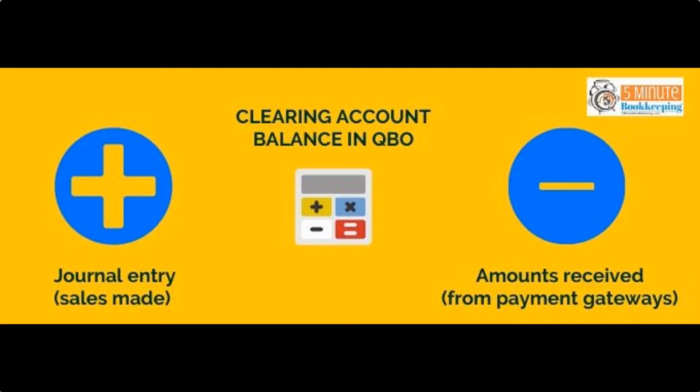That means that we now need to enter amounts received from our payment gateways to the respective clearing accounts. Let's start with the Shopify Payments clearing account. We'll need to categorize the payments received from Shopify Payments to the Shopify Payments clearing account in QuickBooks Online. I'll show you what to do.